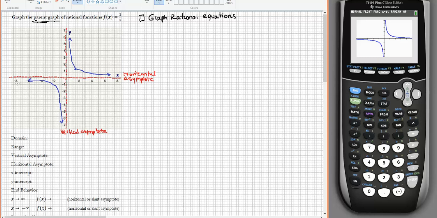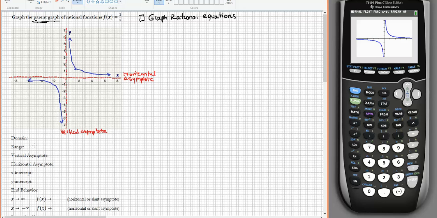So what would be the domain? What would be the values of x? Well, x can be anything except 0, because if you look, the curve never really crosses this point. It exists to the right of 0, to the left of 0, but it doesn't exist at 0.